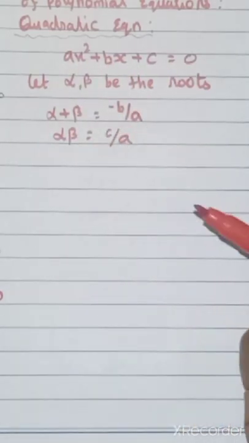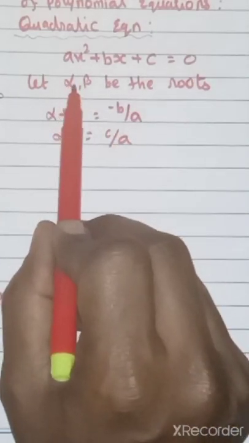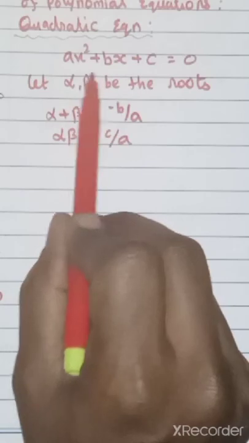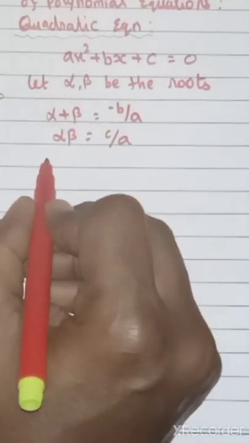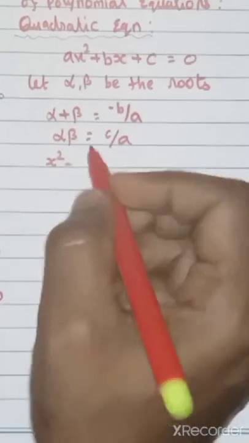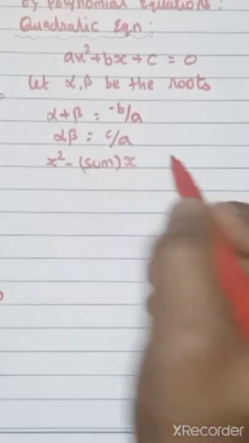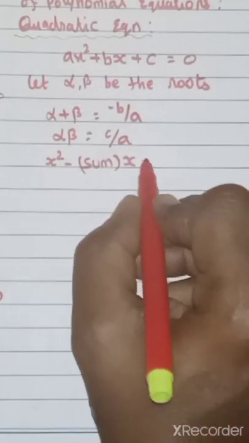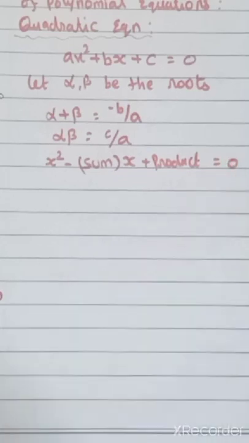Okay? So this is a quadratic equation whose roots are alpha and beta. How can we find the new quadratic equation? x square minus sum of the roots into x plus product of the roots equal to 0.